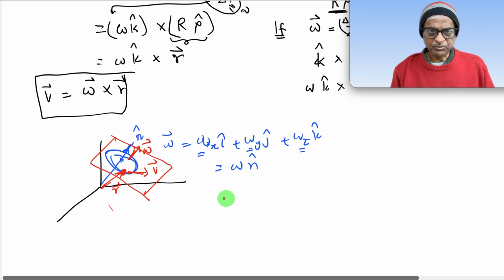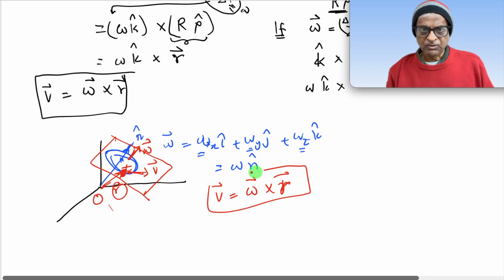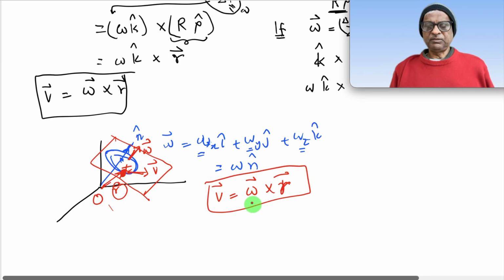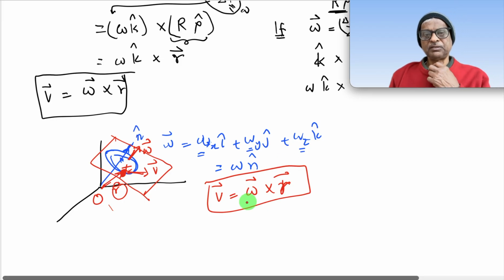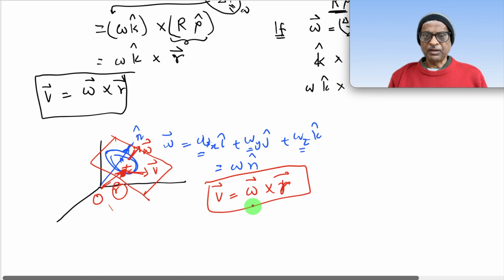You find that once again you get omega cross r, with this r from the origin to wherever the particle is at time t. Okay, so this is a really important formula to remember, and it will give you the velocity direction given the omega direction and where the particle is at that instant in time.